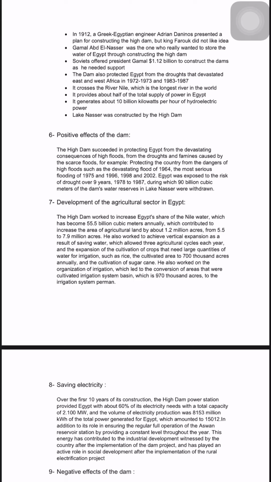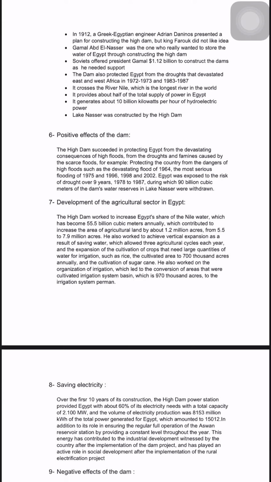It also worked to achieve vertical expansion as a result of saving water, which allows three agriculture cycles each year, and the expansion of the cultivation of crops that need large quantities of water annually, such as sugar cane.